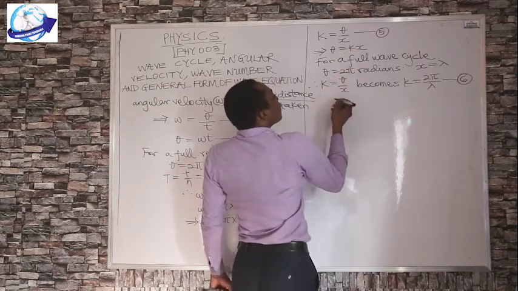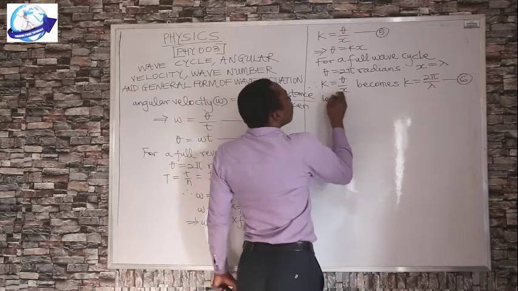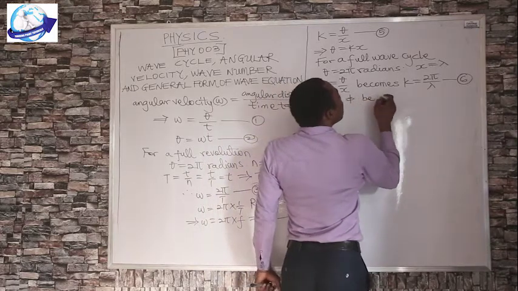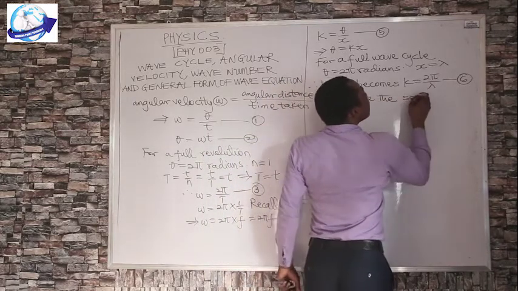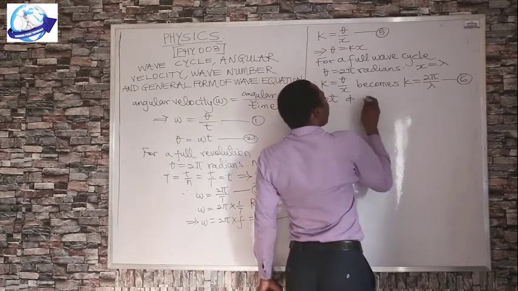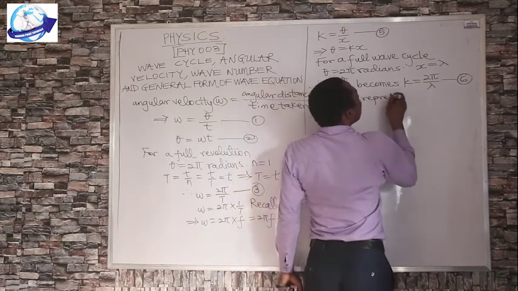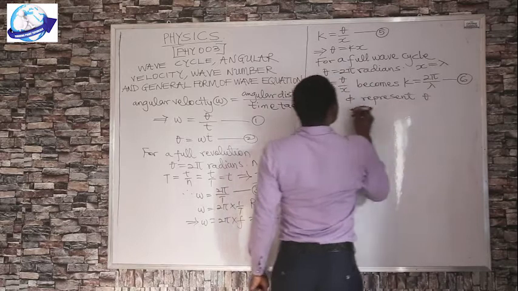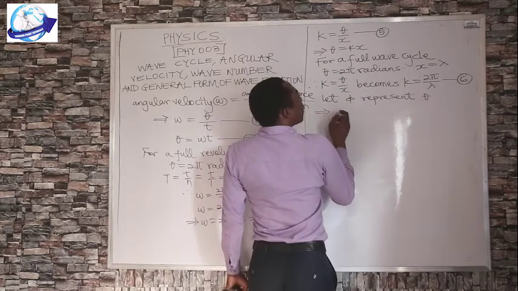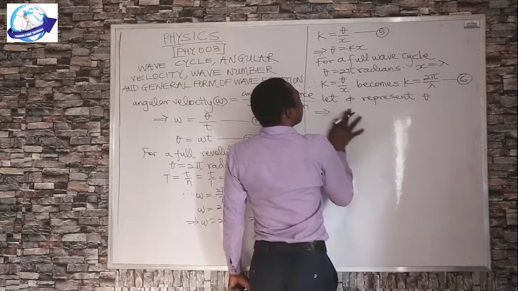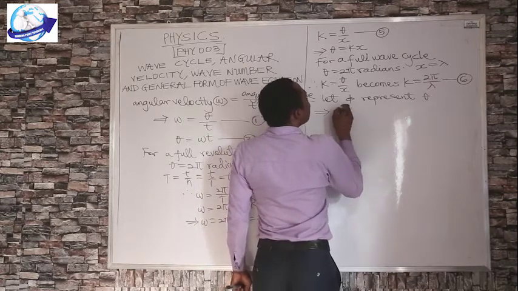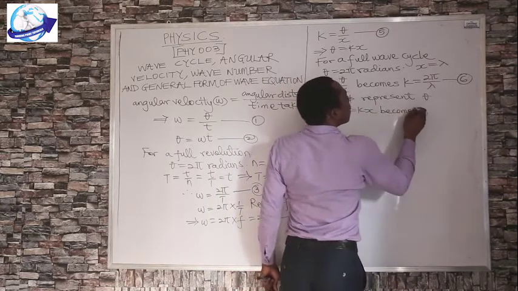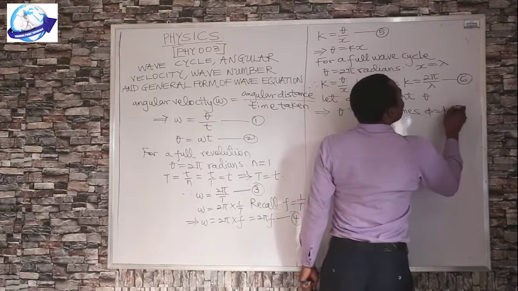But now we can rewrite that: let phi represent our theta, and for that reason it implies that our theta, which is equal to kx, then becomes phi equals kx.